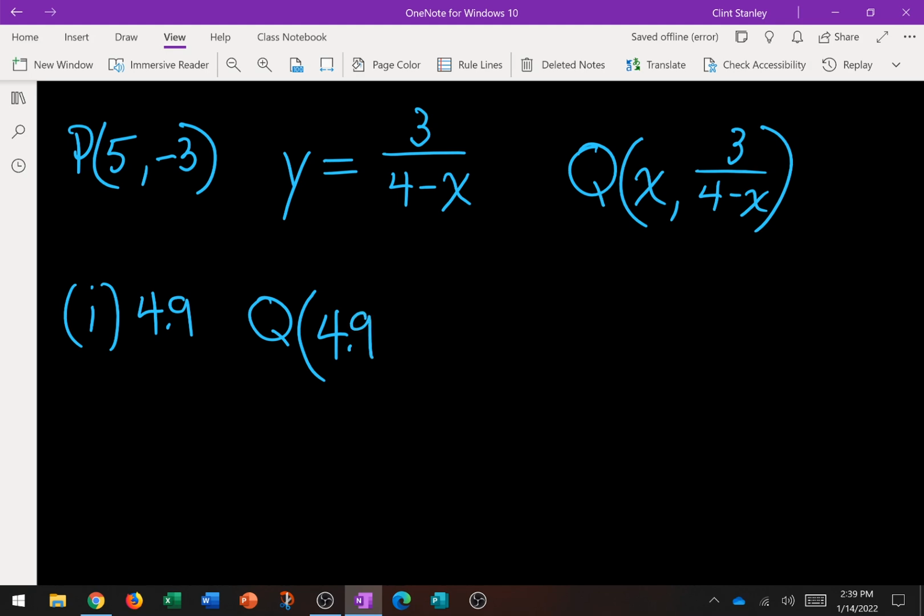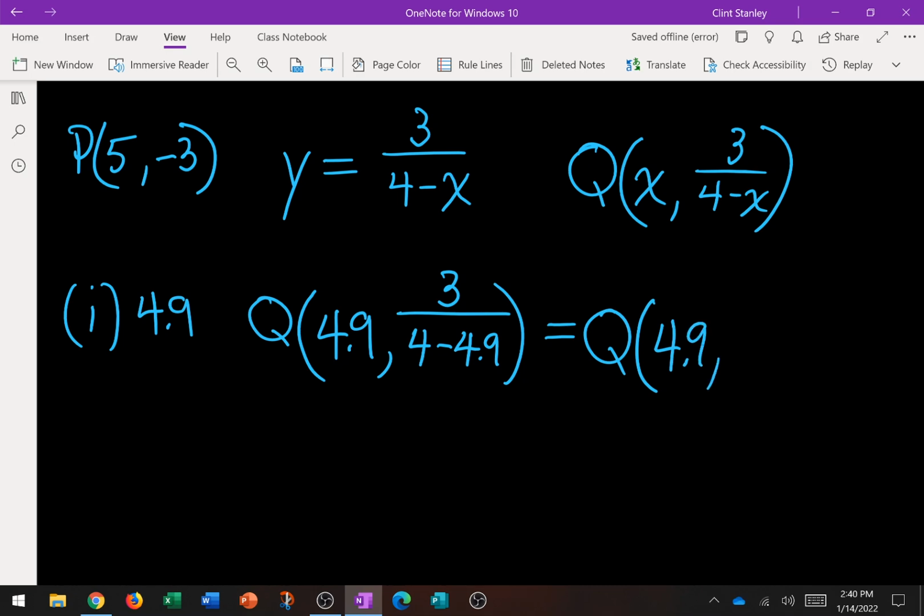And then we're going to plug in x at 4 minus 4. Figure out first part, we don't have a calculation, it's 4.9. And break out a calculator. So let's see, 3 over 4 minus 4.9.